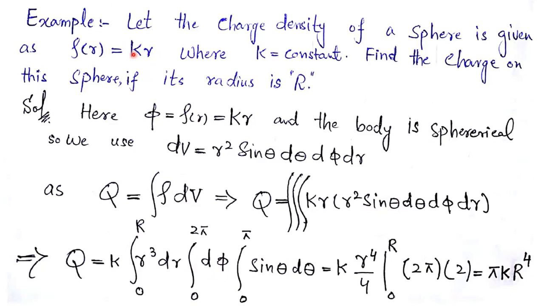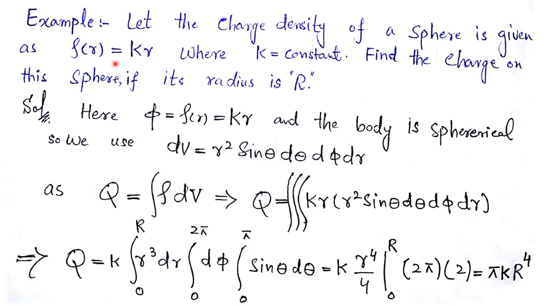Similarly, if you are working in mechanics and this is the mass density of an object, in a similar fashion you can find the total mass of the body by integrating the mass density over the whole volume.